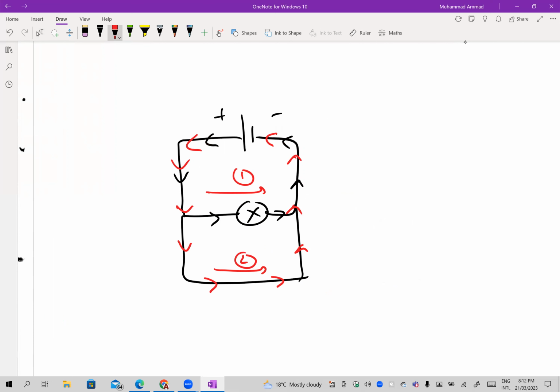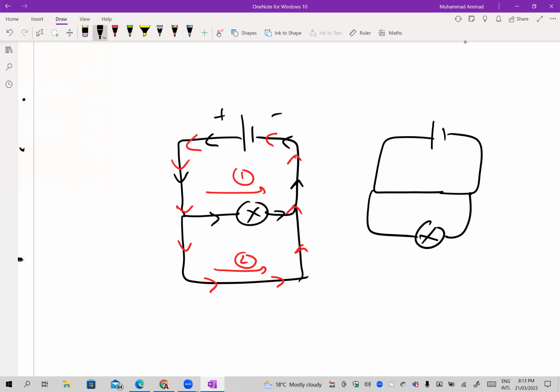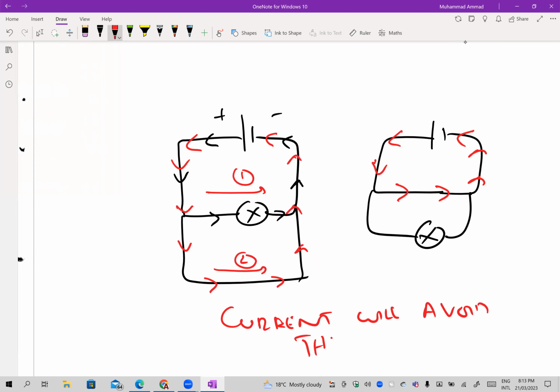You see, even if let's say the circuit was like this, and the bulb on this side, the current would go from here. It won't just go to the entire circuit. Why? Because the current would in any case try to avoid the load, right? The current will avoid the load.